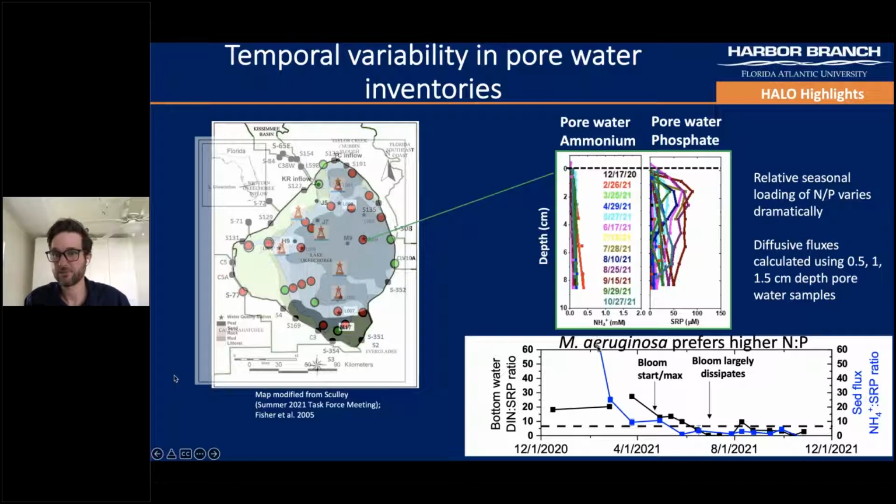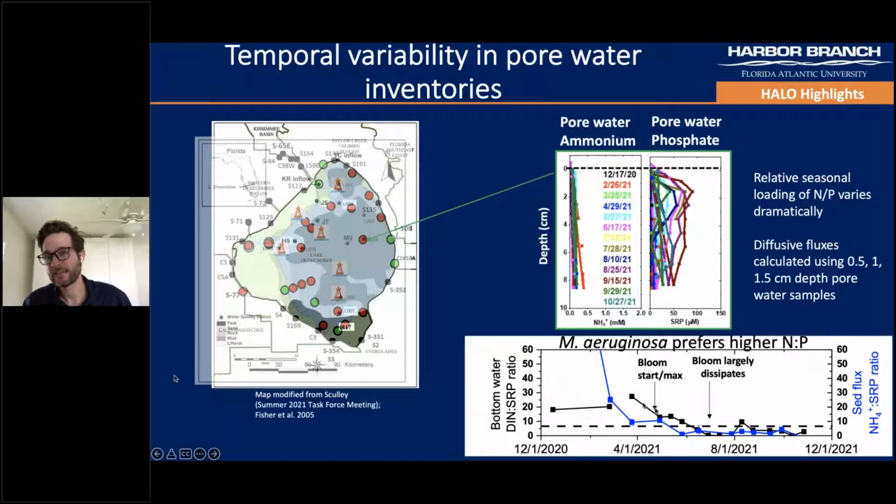So this is the actual material leaving the sediment. You see a very high N to P ratio, off the chart, in the beginning, but this declines quickly as we move into the summer months. You see your ambient bottom water DIN to SRP ratio, basically the same thing, but we have to include nitrate now in this ratio.